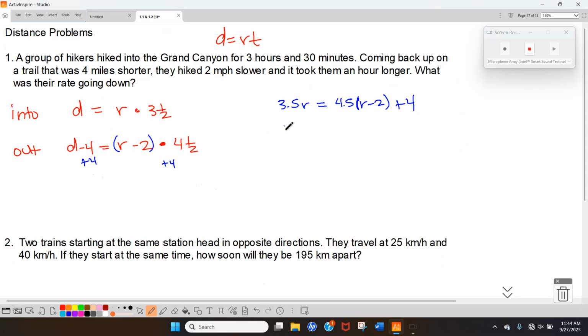All right, so we get 3.5r equals 4.5r minus 9 plus 4, just distributing this. Then combining the negative 9 and the 4. Then we will subtract the 4.5r.